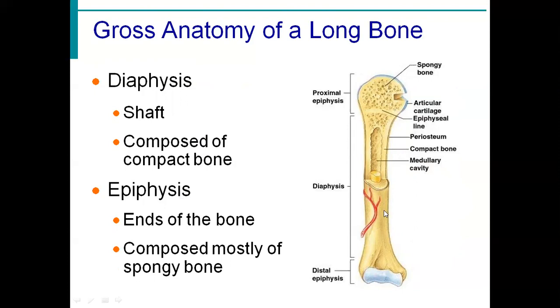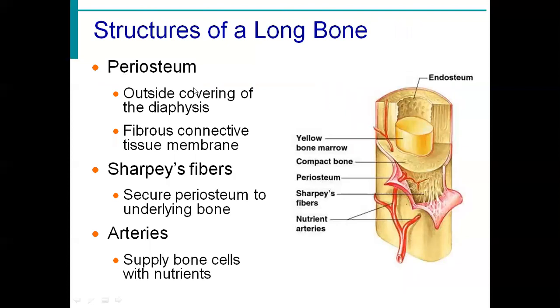The diaphysis region is covered by periosteum, which is the outside covering membrane. The periosteum and compact bone are connected with Sharpey's fibers, which are connective tissues for the attachment of periosteum and compact bone.